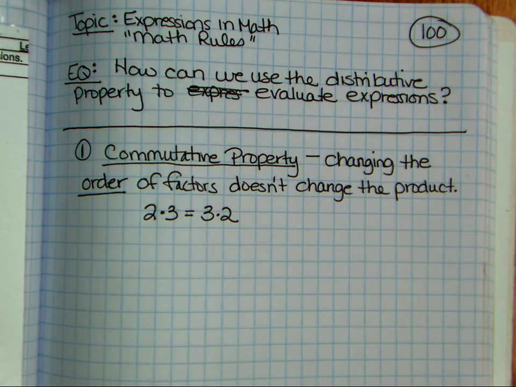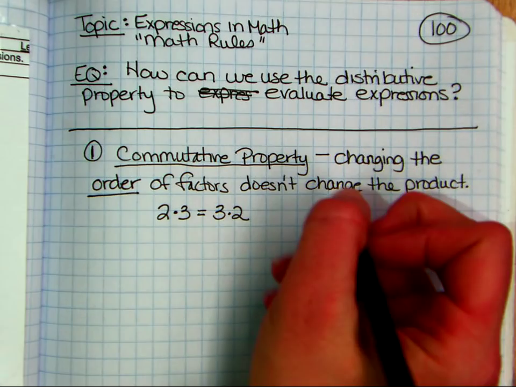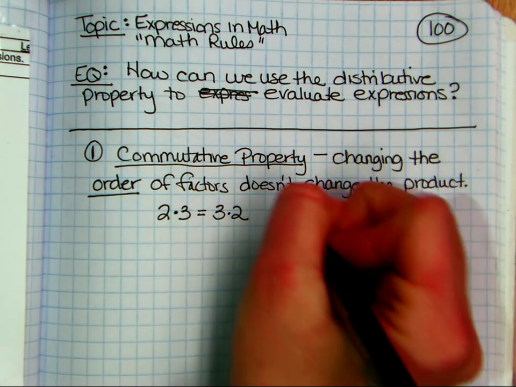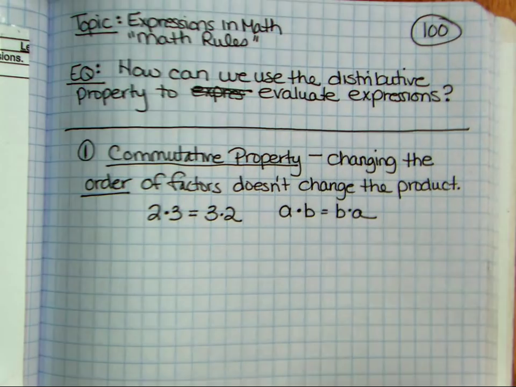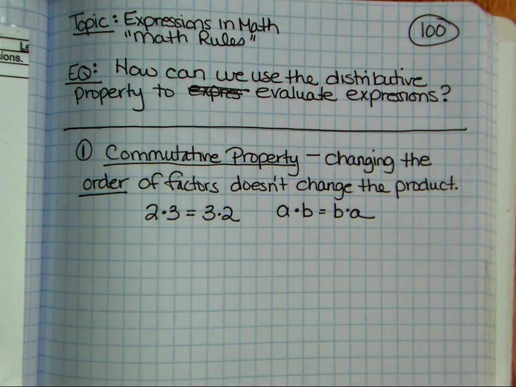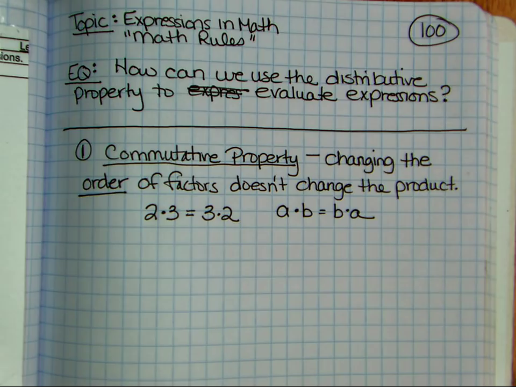Now, but here's the interesting thing. Now that we're doing algebraic expressions, it doesn't just mean that we're dealing with numbers. So our variables can also move around, but it's not going to change the process. So, for example, if we were to have A times B, that would be the same as B times A. Now, this doesn't mean that if I do 2A times B, it would be equivalent to 2B times A. The numbers would have to stay with the variable they're connected to.